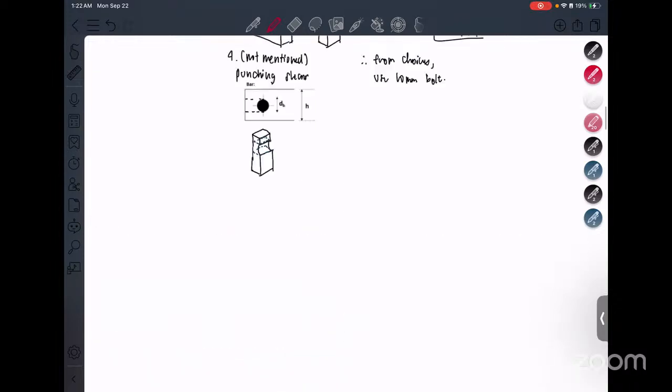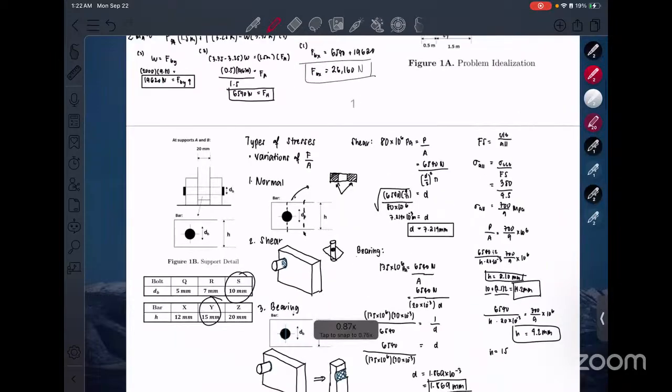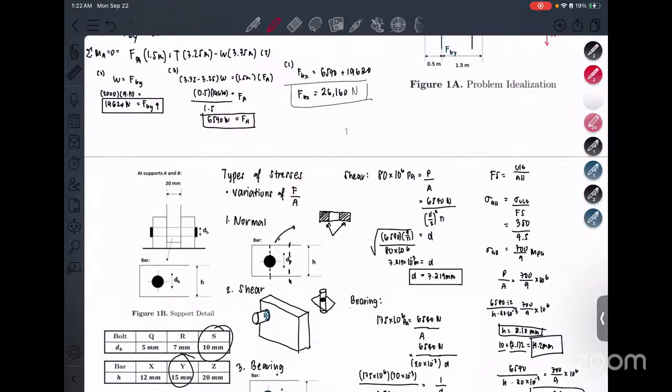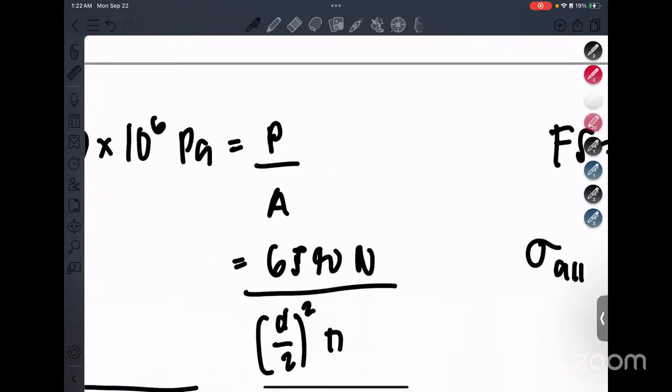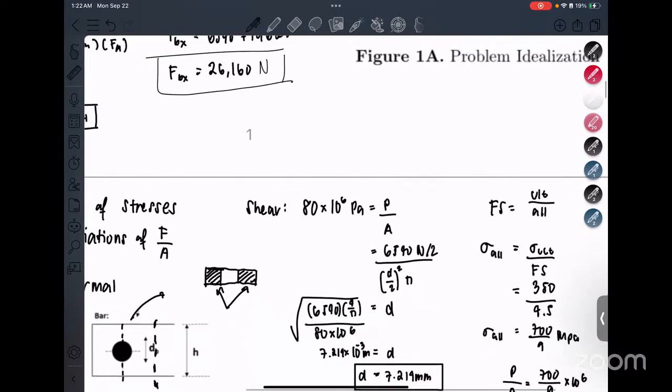Wait, I feel like I did not explain something at the start. There, this should be over 2. The reason why is for shear stress.